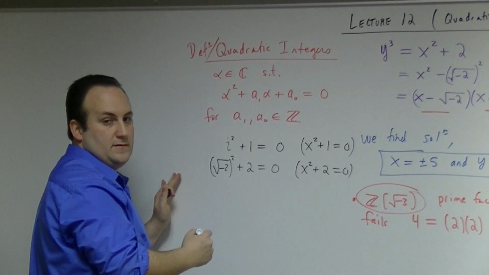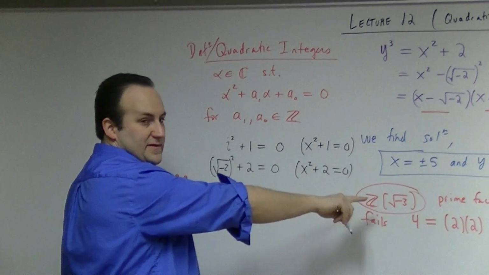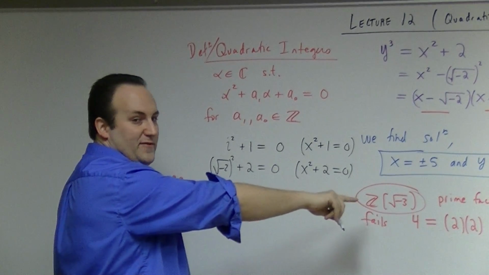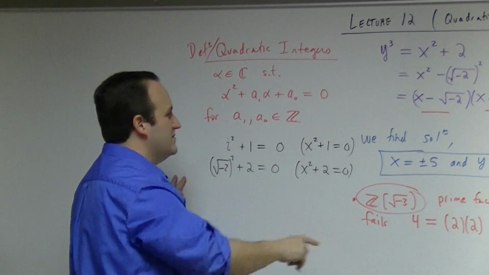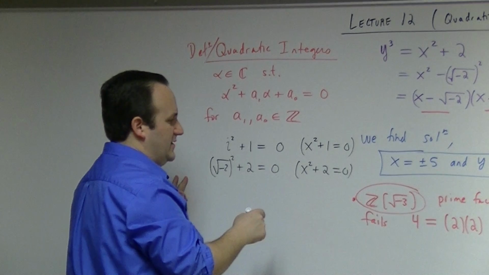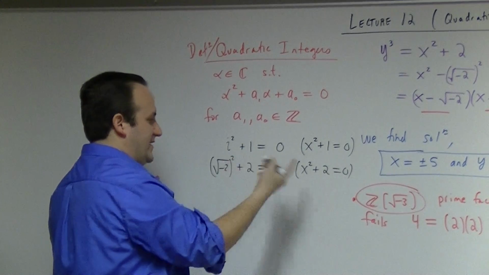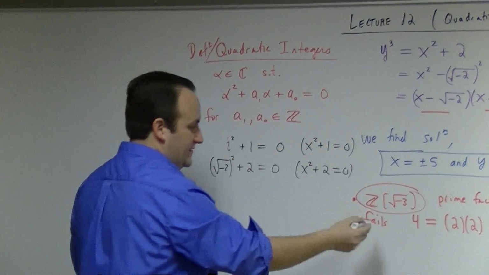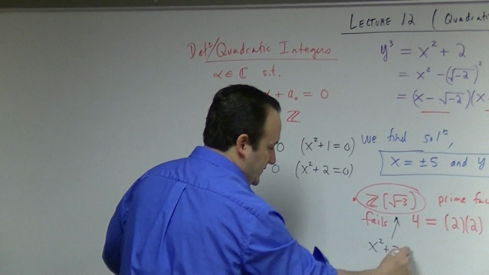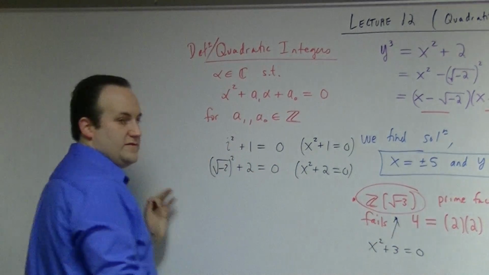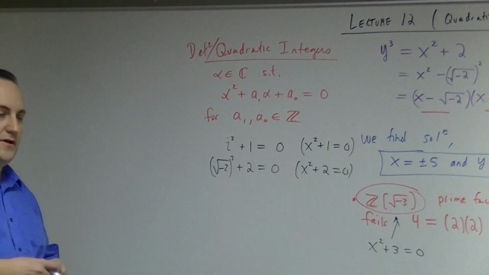All right. These guys, despite their malfeasance and lack of unique prime factorization, still give you a set of quadratic integers. Well, yeah, I think they do. I mean, apparently my definition allows it, right? These guys appear as solutions to x squared plus 3 equals 0. They're integers. They're solutions to that monic polynomial.